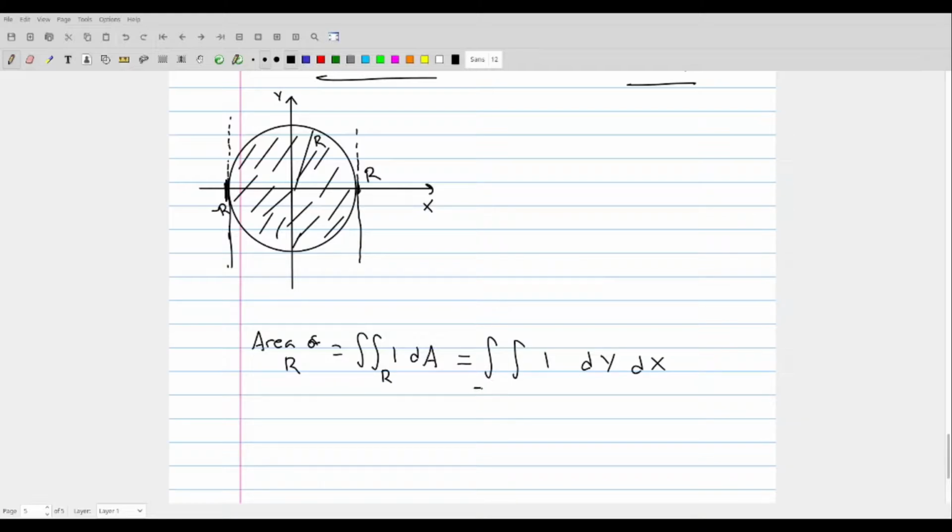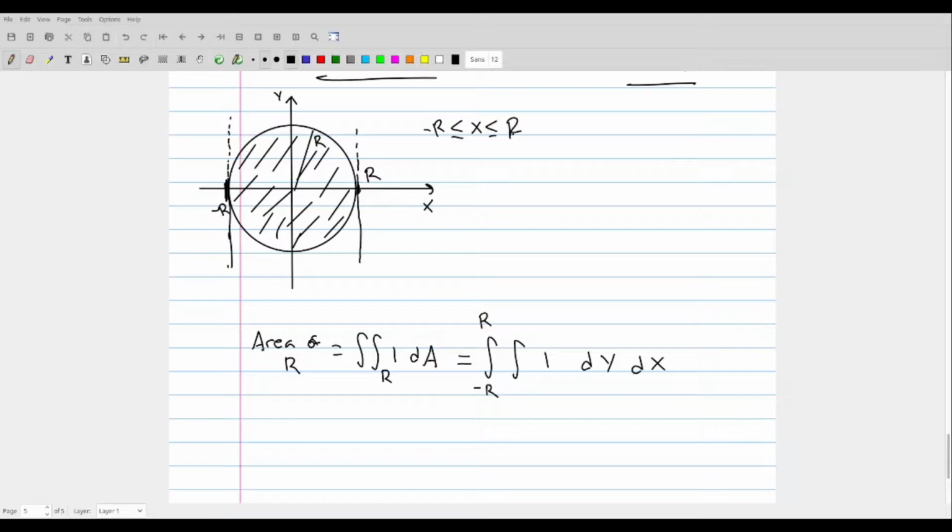So very often, figuring out the x bounds is very, very straightforward. You can almost look at a picture sometimes and tell what the correct x bounds of integration is going to be. So x is between negative r and r.